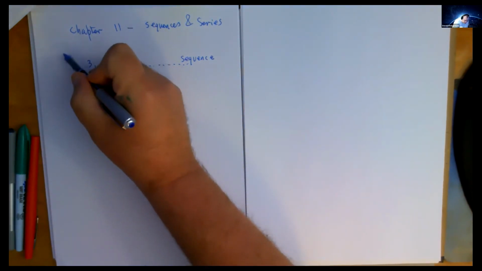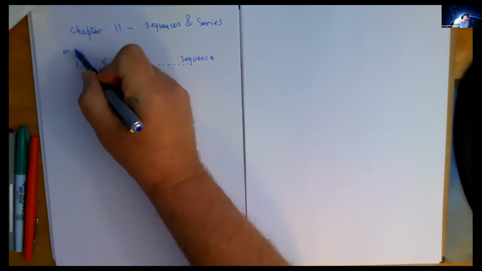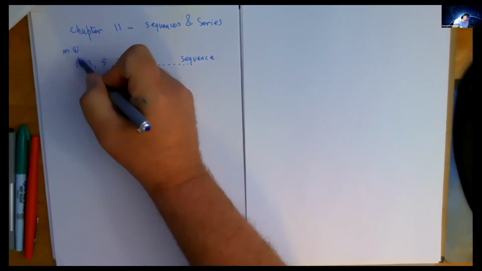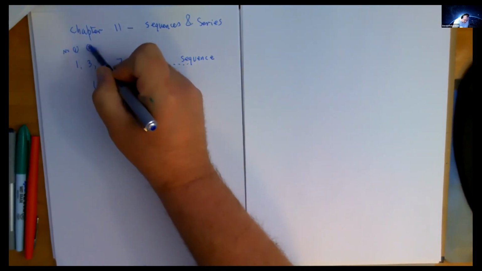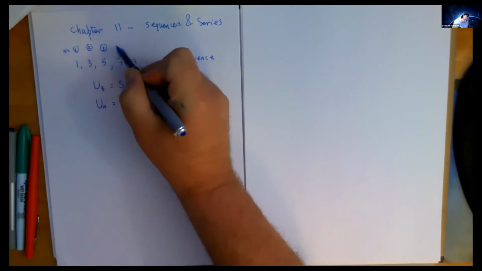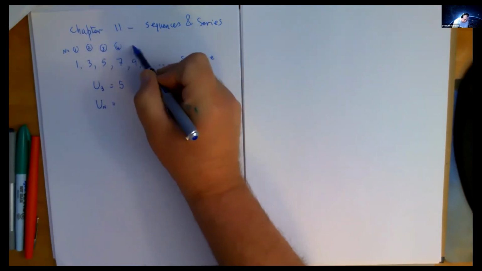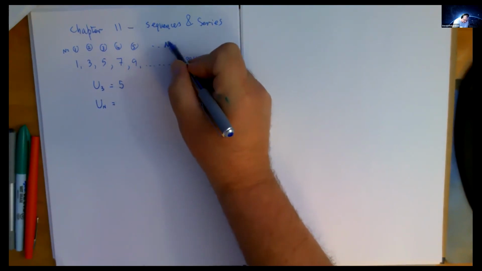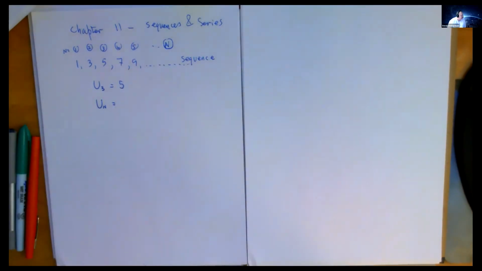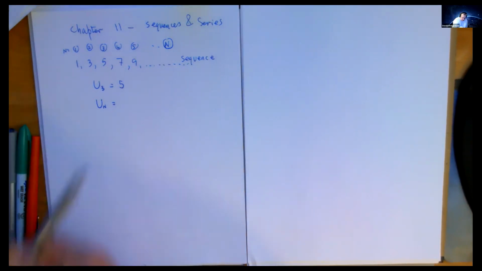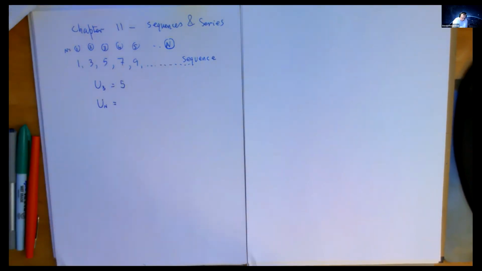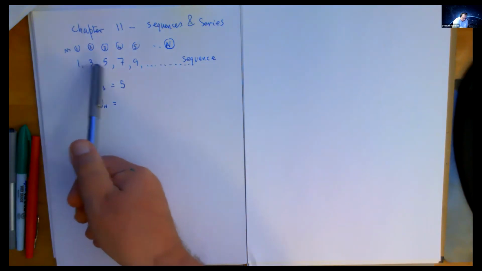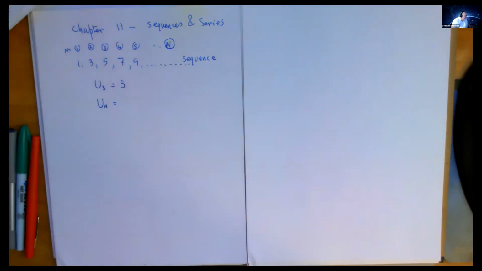Now, if you think of n as being the position, this is U1, so that's n being 1, this is n being 2, this is n being 3, this is n being 4, and then n being 5. And you can imagine you randomly choose a position, and you're going to call it n, the nth position in a sequence. Could anyone come up with a formula off the top of their head that would tell me how to get the nth number in this sequence?